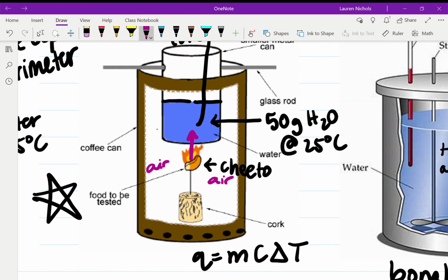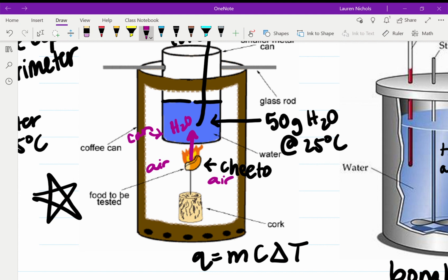We know that the actual can itself is absorbing heat, and we know that the water inside the can is absorbing some of the heat. However, in our experiments, we make the assumption that no energy is absorbed by the air or by the can, that it is just by the water.